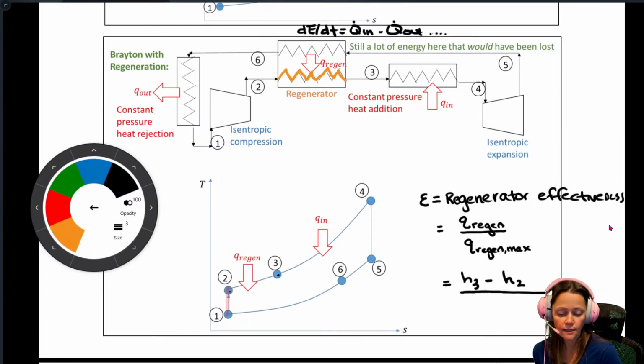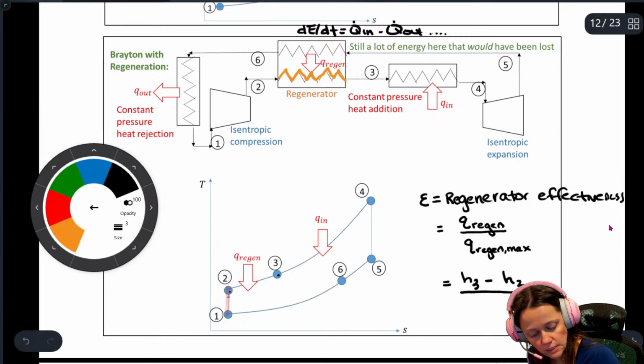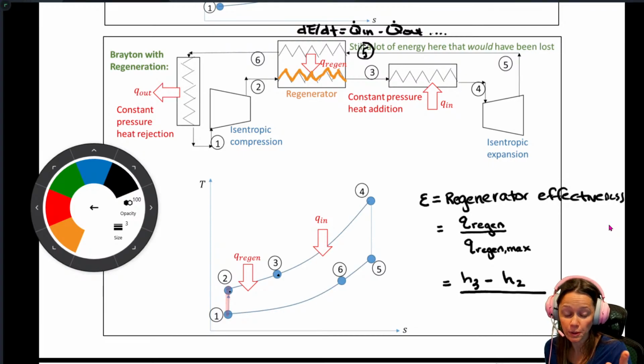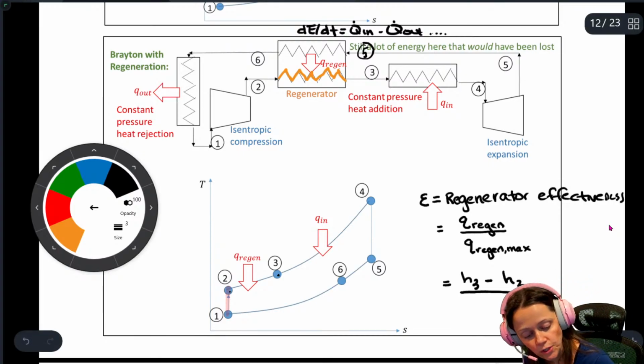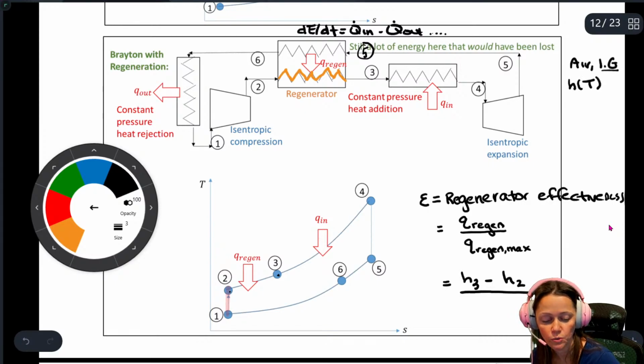Now ideally, the Q regen max is the Q regen that you would obtain if, by the time your working fluid, your air, flowed from state 2 to state 3, it had heated up to the same temperature as T5. Then the enthalpy would be the same, because for an ideal gas, enthalpy is a function of temperature only.